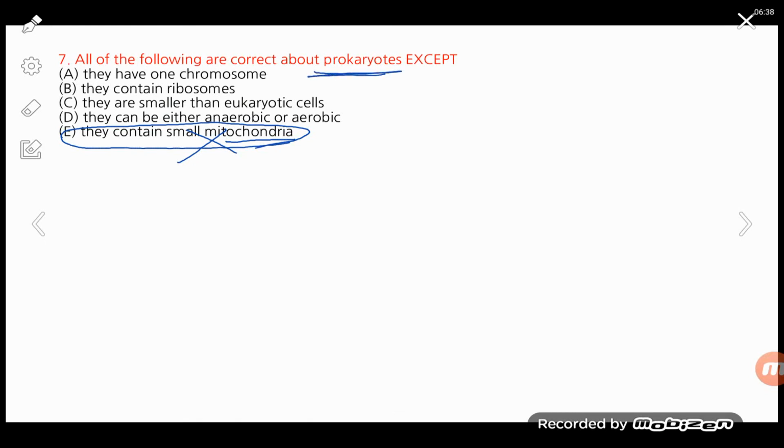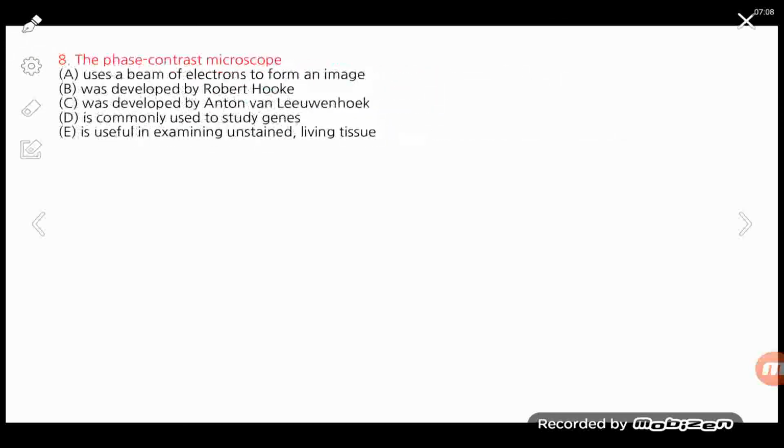But just for your information, prokaryotes contain the enzymes found inside the mitochondria freely inside their cytoplasm, but they do not have mitochondria. So this is the answer for the question. Okay, let us move to the next question.